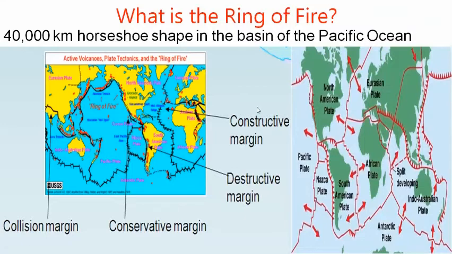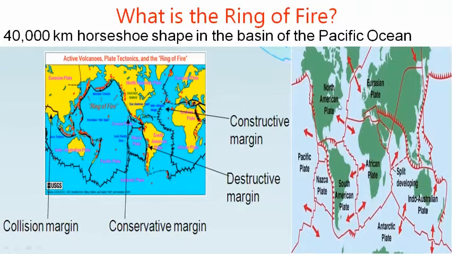For example, over here, this African plate or the South American plate is moving this side, and this plate over here is moving this side. So these are converging. Again, over here, this Eurasian plate is moving this side, and this one is moving the other side.